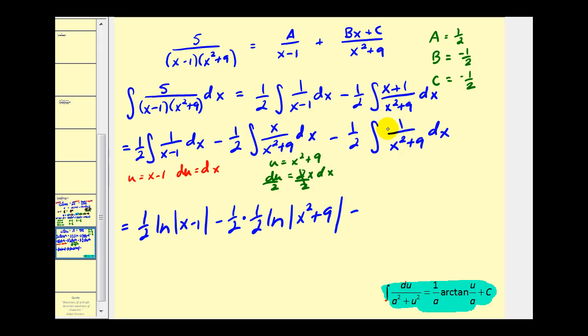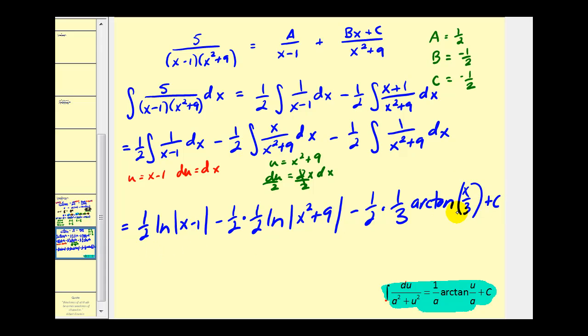And for this last integral, we'll have minus 1/2 times, again, we're using the integration formula here. So we'll have 1 over a, which is 1/3 arctangent of u over a. Well, u is x and a is 3. So we have x over 3 and then plus C.